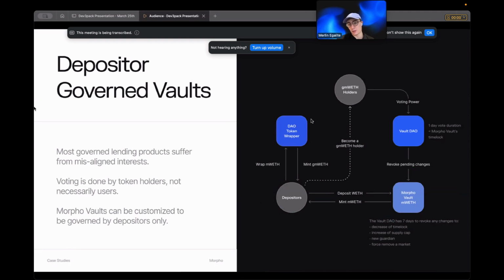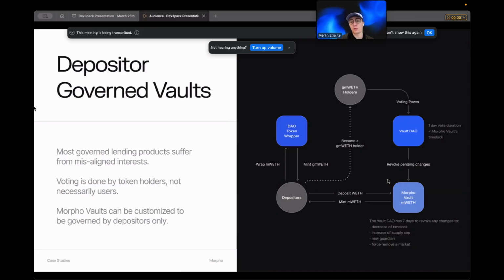The schema is a bit complicated, but basically, here you have the Morpho vault, which is called MWIF. So it's a WIF vault. Users deposit WIF, they get vault tokens, so MWIF. Then they can wrap it again to get the DAO token wrapper. And then as a DAO token holder, you have voting power to revoke pending changes at the vault level.